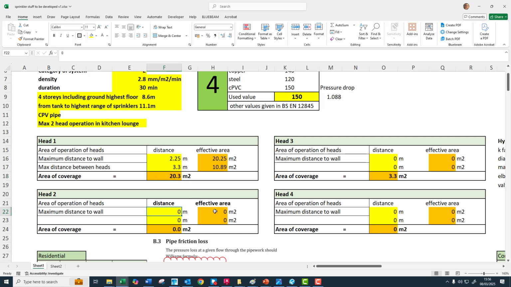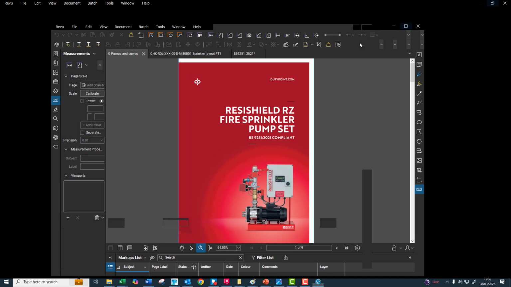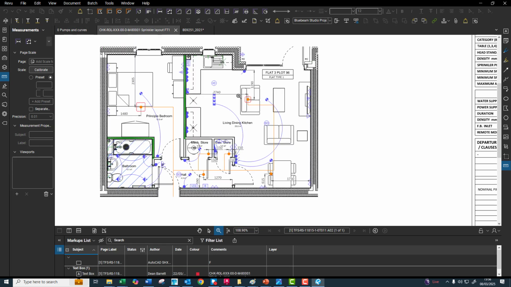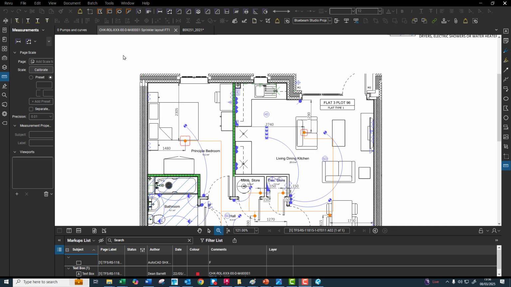In our situation, the heads have been located symmetrically, so exactly the same. But don't be surprised when you see schemes. Here is one. Only you can see it, but I can't.